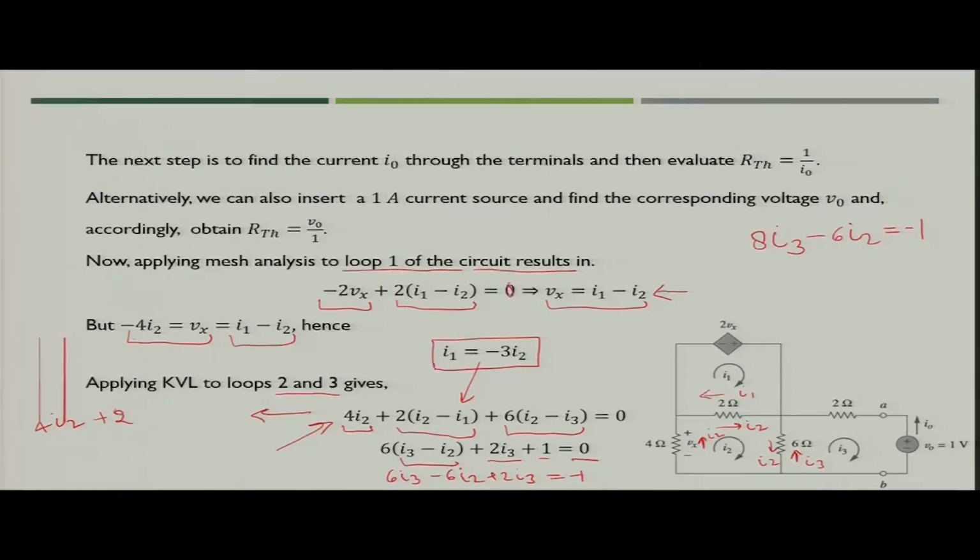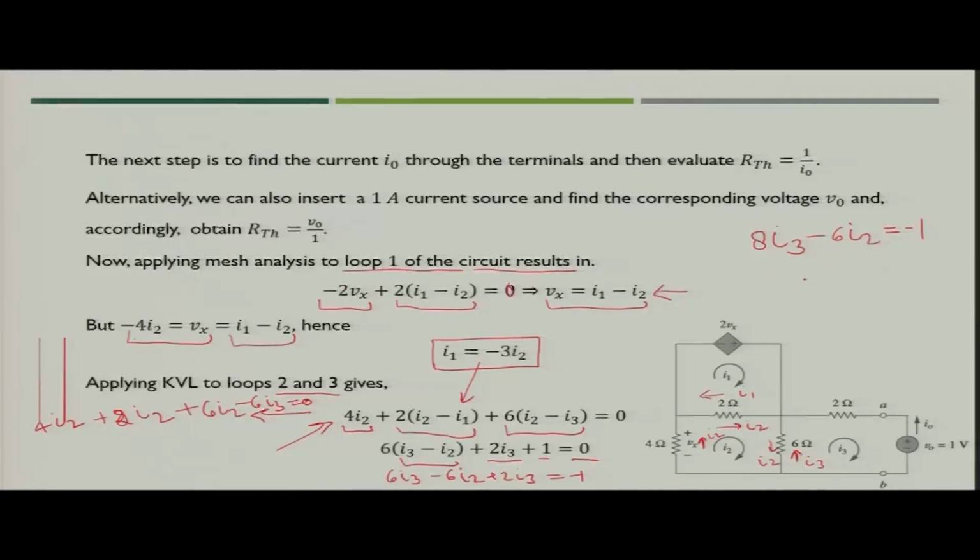So, this will finally become 8 I2 plus 6 I2 minus 6 I3 equal to 0. So, when you simplify, how much will you get? You will get 18 I2 minus 6 I3.